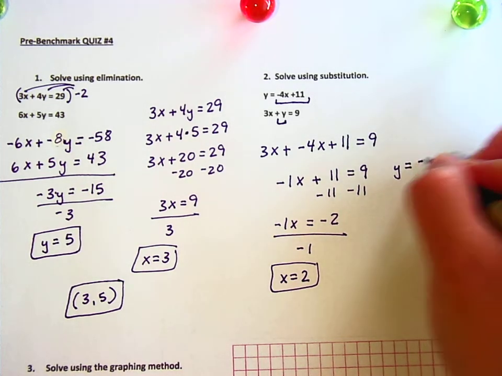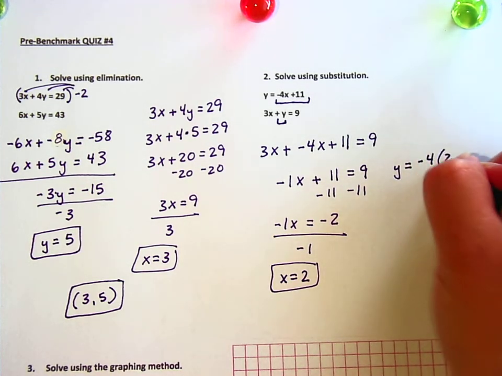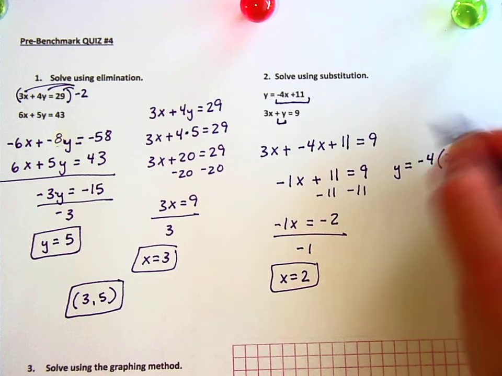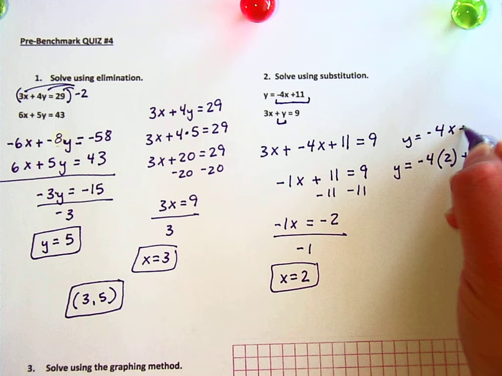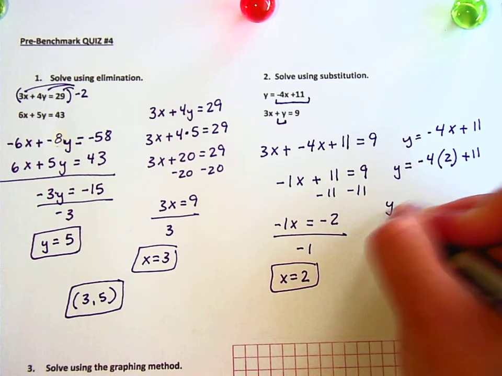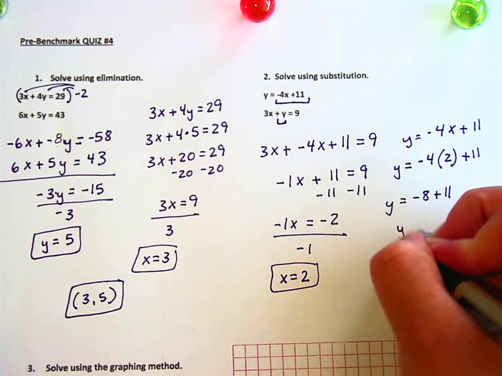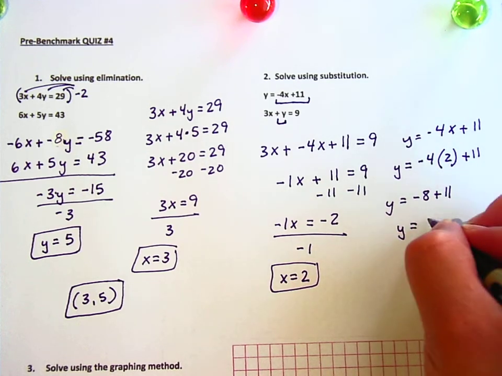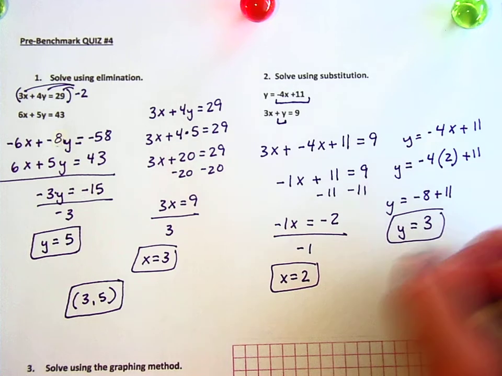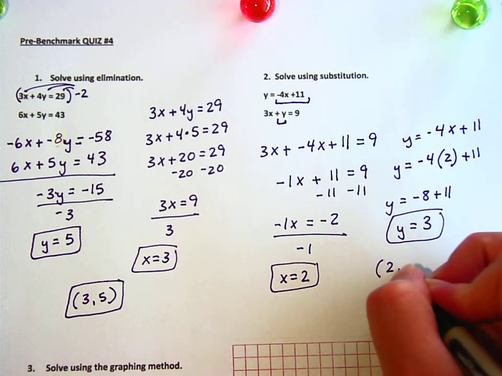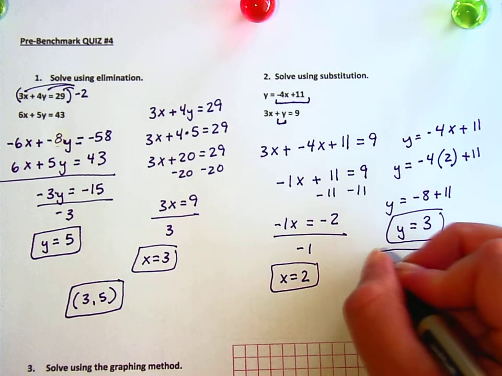So that's y equals negative 4 times 2 plus 11. I should have written out the whole equation first to let you see. So basically I'm replacing that x with a 2. And then I get y equals negative 8 plus 11, which is y equals 3. So my final point is 2, 3.